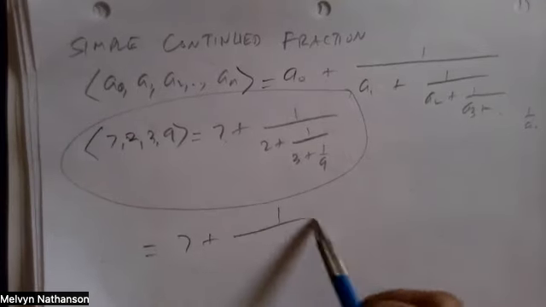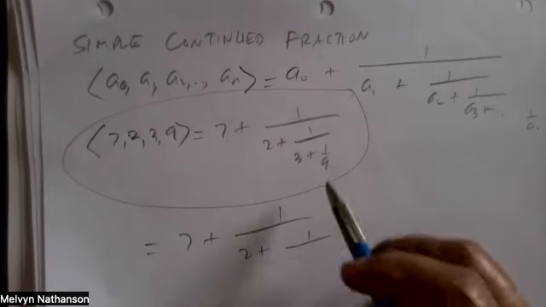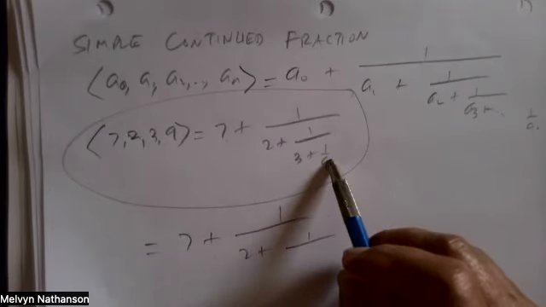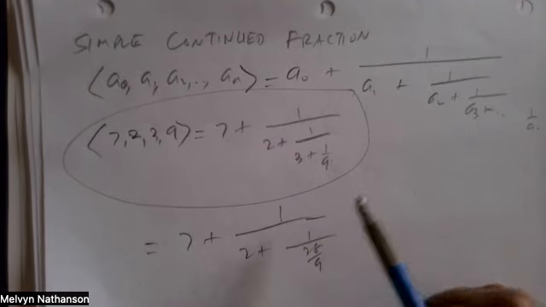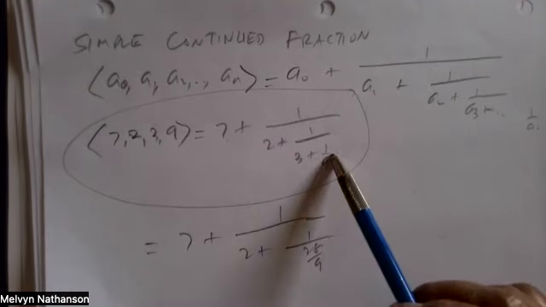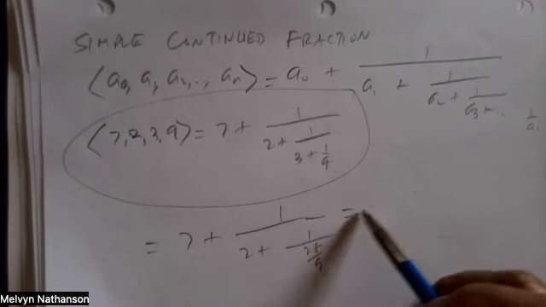Let's just see, what is this number? This is 7 plus 1 over 2 plus 1 over, what is 3 plus a ninth? That's 28 over 9, right? 3 plus 1/9 is 28 over 9.